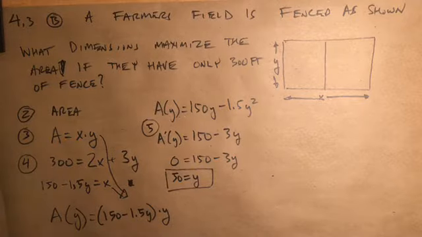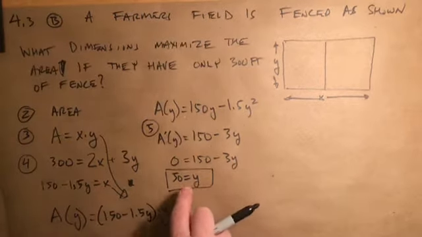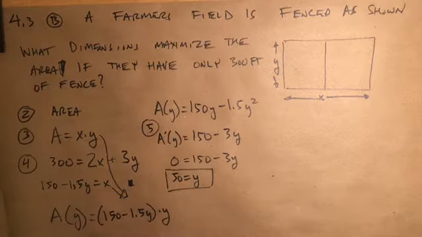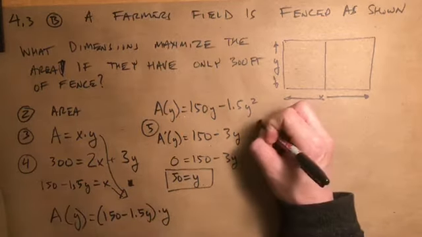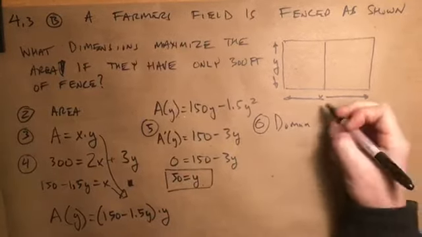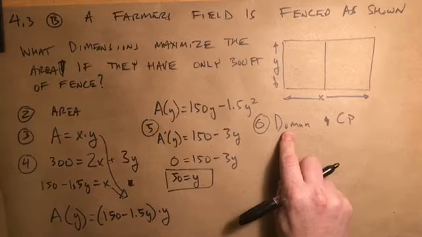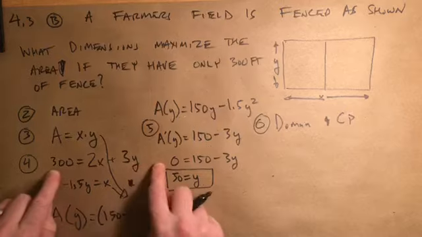But unfortunately, we still have to justify this thing's existence as a global max, that the area is going to be maximized. And so what we're going to do is we need to find the domain and our critical points. So the domain in this case is going to come from the constraint equation right here.